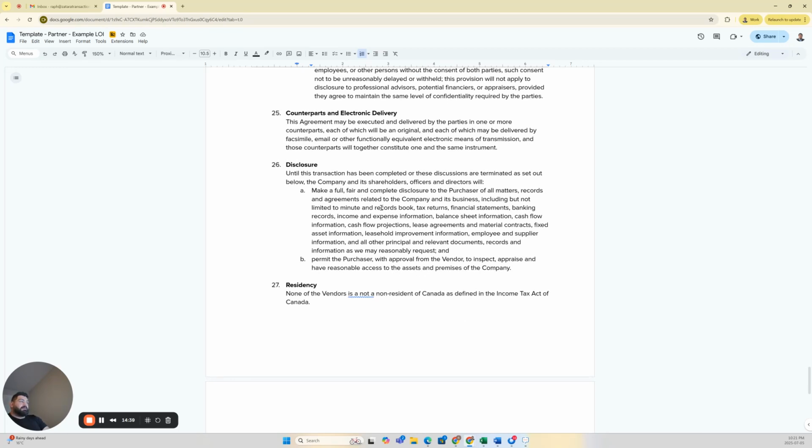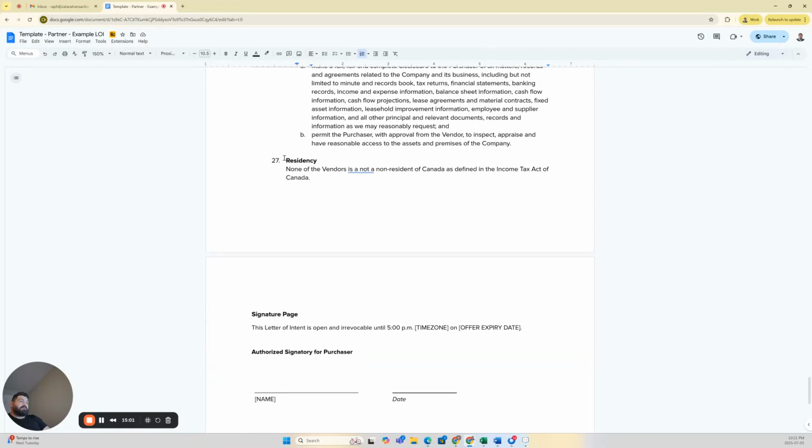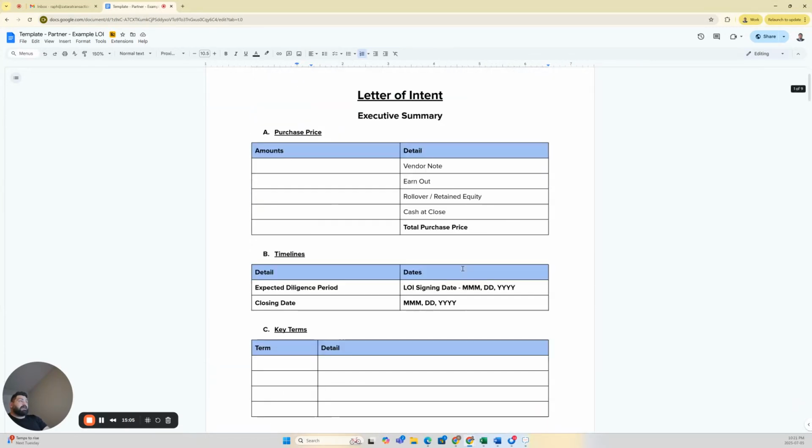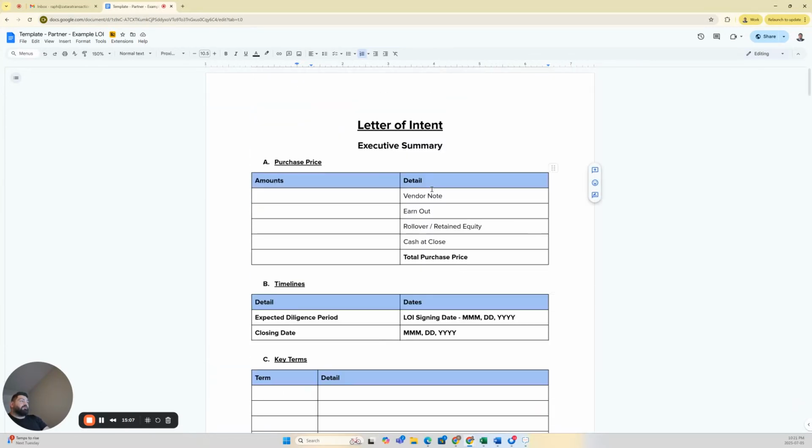Everybody's going to be as forthcoming as needed. Everything's got to be full disclosure if we're doing a transaction, because if there's a skeleton in the closet and it pops up during diligence, the transaction's over. Right? That's typically how it works. Non-residency.